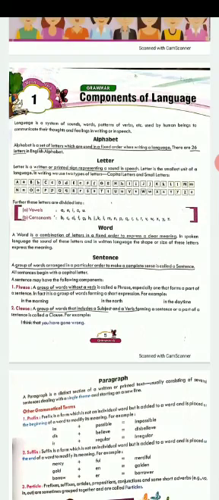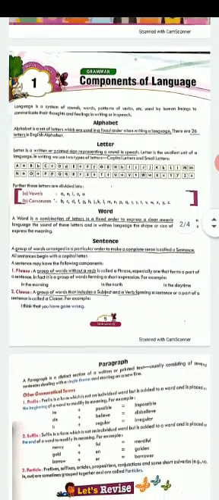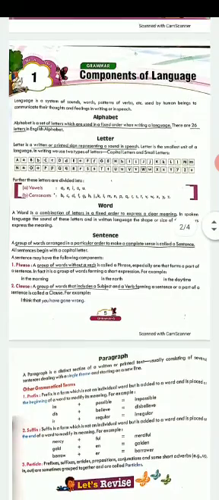What is the difference between a clause and a sentence? A clause has a verb and a subject, but it may not give a complete meaning or a complete sentence every time. But a sentence always is complete in itself.